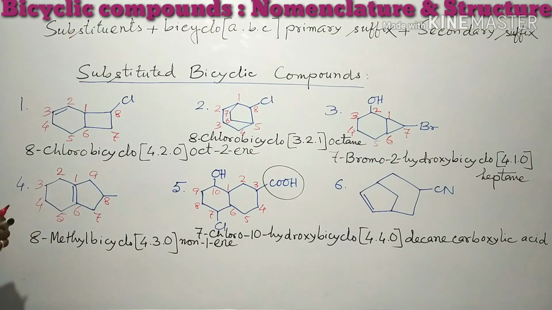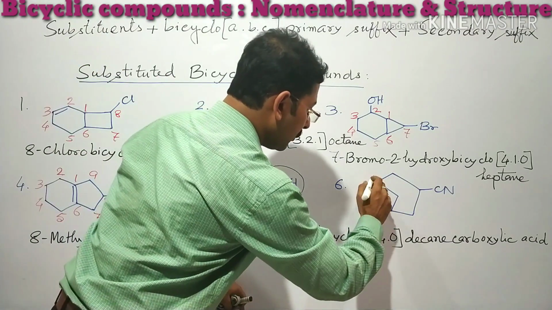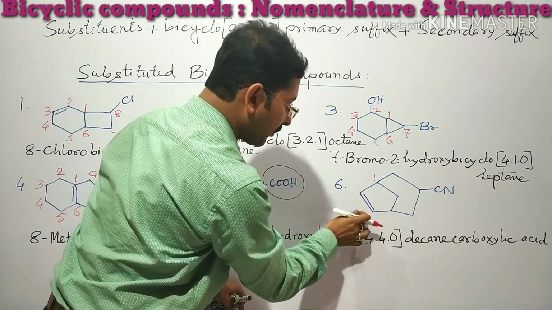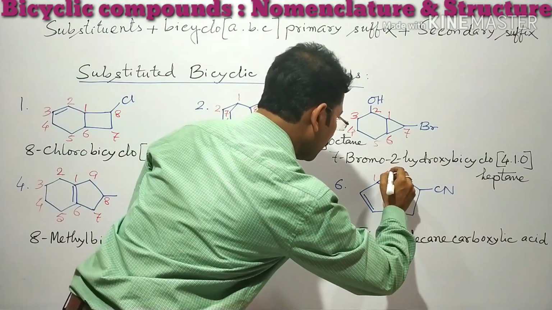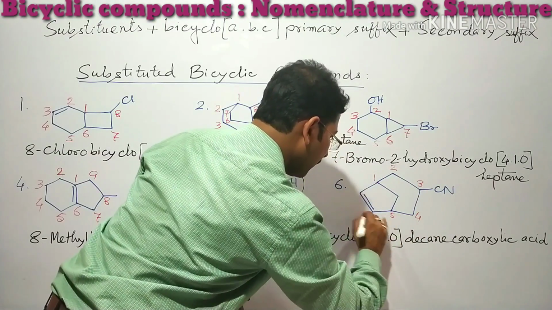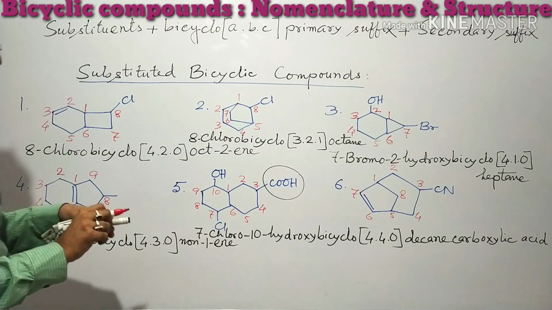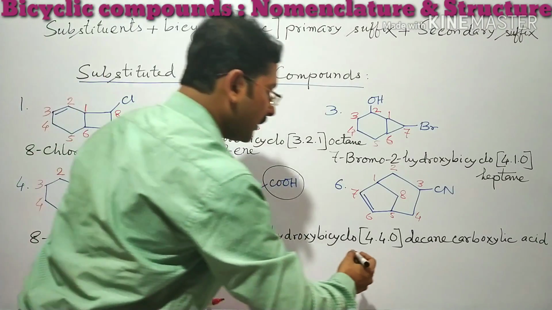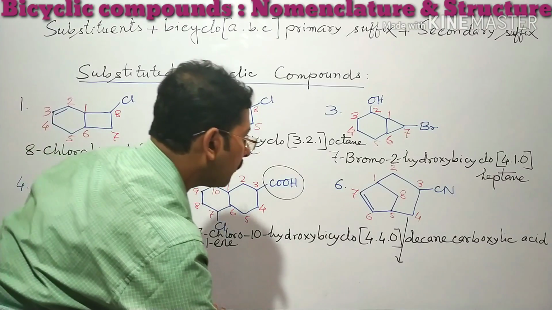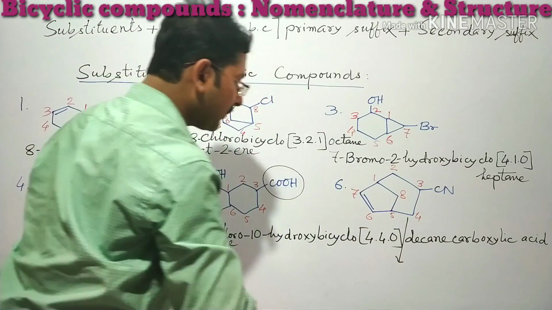Next, what about this one? Again the numbering starts from here. 1, look at here, this ring contains 1, 2 carbons here, 1, 2, 3 carbons here, so numbering will go in this way: 3, 4, then 5, then 6, then 7, then it is 8. So the name of the compound is, there are no substituents other than cyanide.